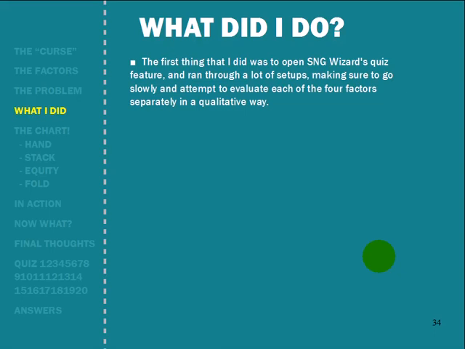There was nothing really specific about it. I just wanted to say, all right, in this hand, I have a pretty strong hand, and I don't have a lot of fold equity, and my tournament equity is pretty high, and so forth. I didn't make any numerical attempts.